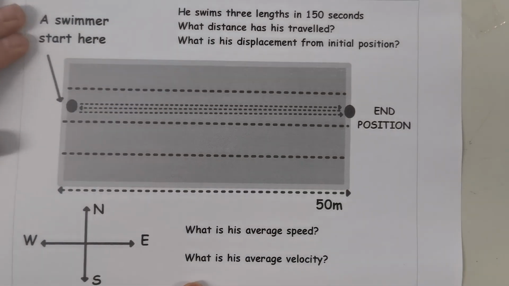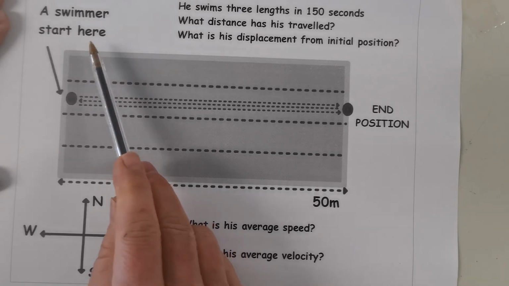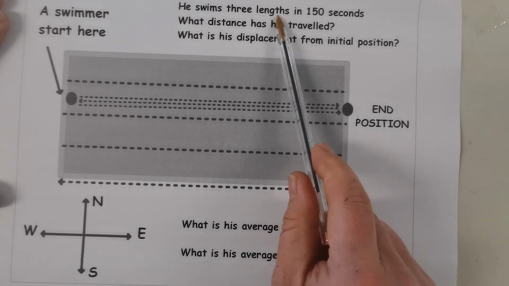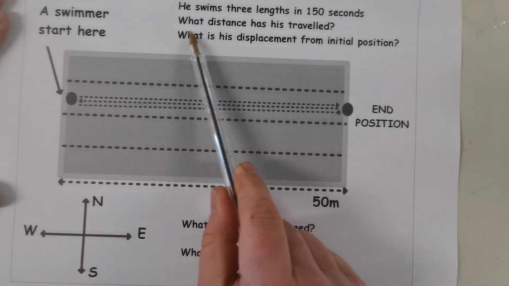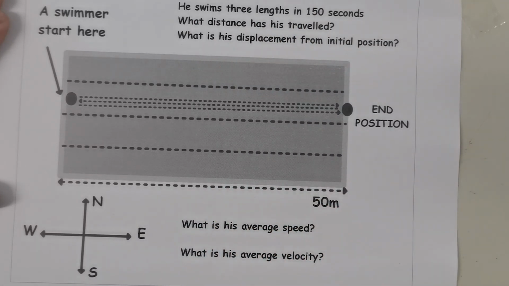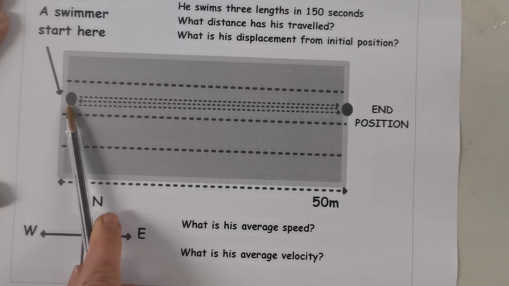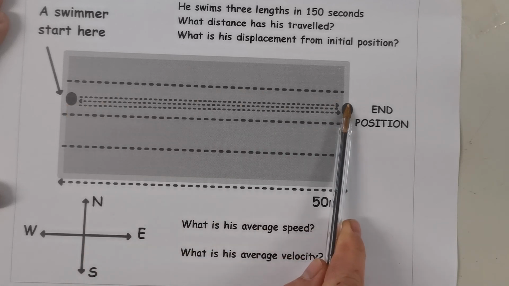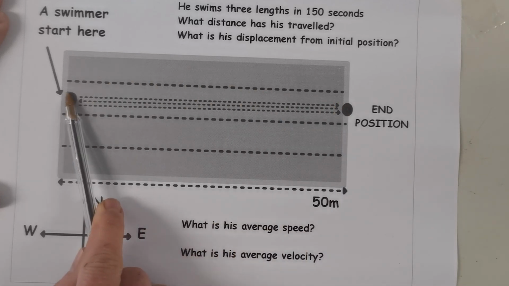Little extension task for you. A swimmer starts here. He swims 3 lengths in 150 seconds. What distance has he travelled? What is his displacement from his initial position? What is his average speed? Okay, so he starts here, but he goes down, comes back, goes there.